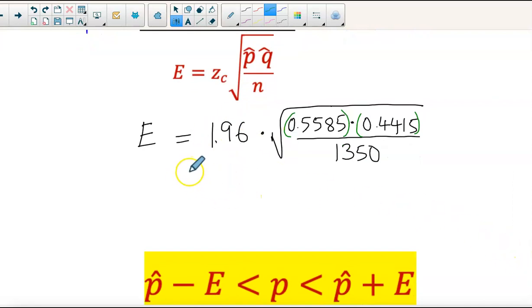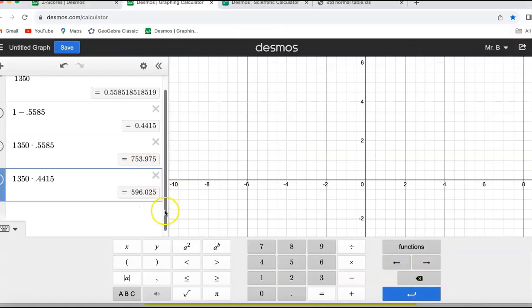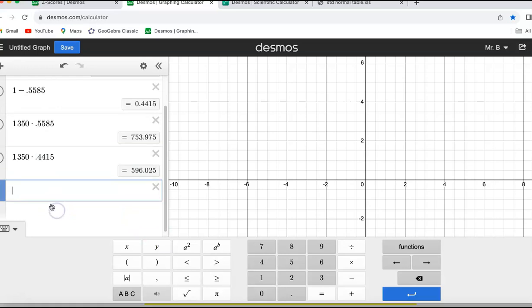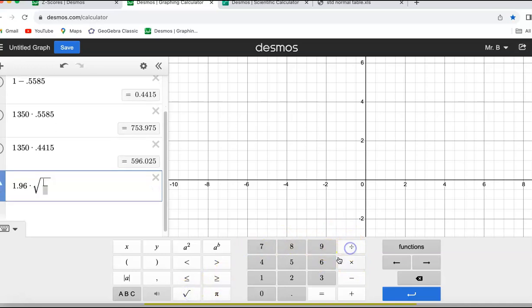So let us enter these numbers in the calculator. 1.96 times the square root of, and I also have a division, so I'll write it down.